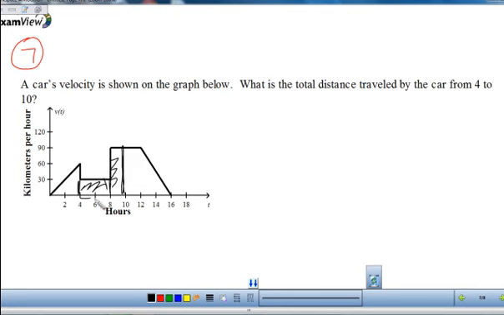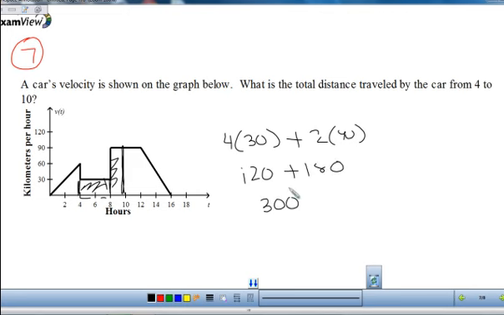So the first rectangle has a base of 4, right? 2, 4, and a height of 30. The second rectangle has a base of 2 and a height of 90. So I'm going to have 120 plus 180, which will be 300. So the total distance traveled by the particle would be 300 kilometers.